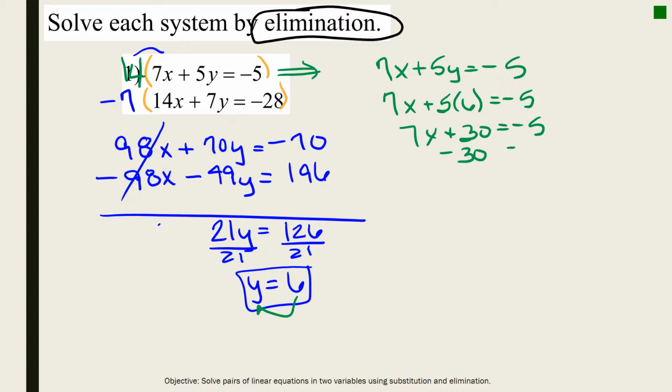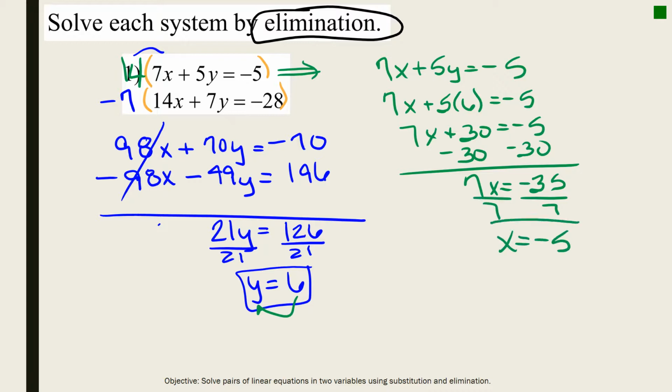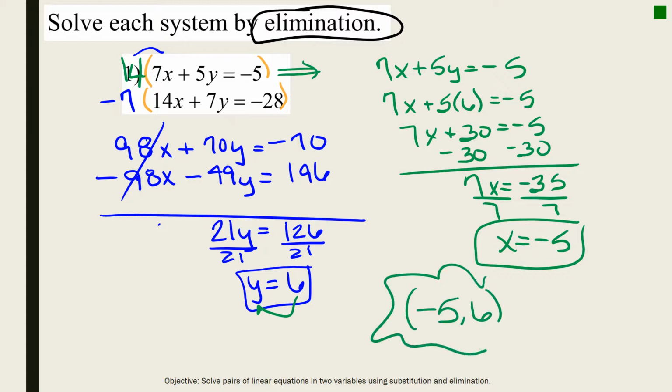We're going to subtract 30. 7x is negative 35. When we divide by 7, we find out x is negative 5. So our solution is negative 5, 6. Remember, you have to put that in alphabetical order.